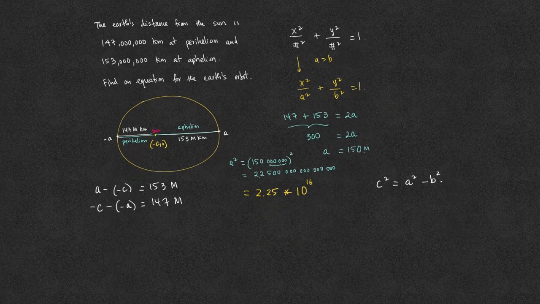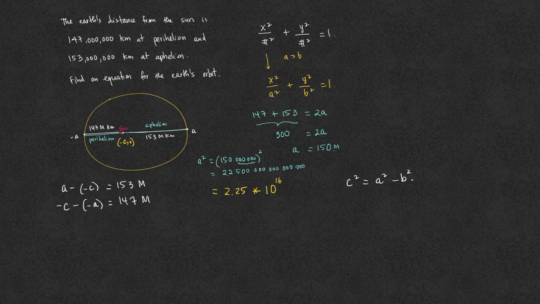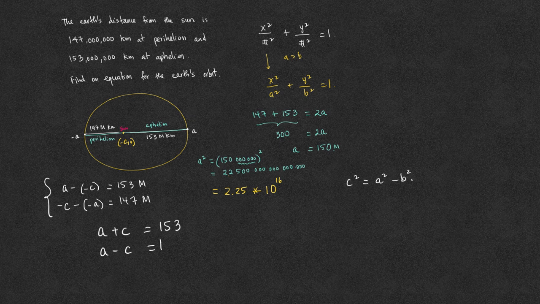From here, we should be able to solve the system of equations and find c. Simplifying this, we have a plus c equals 153, a minus c equals 147. And we don't want to add the two because if we add the two equations, we will end up with 2a equals 300.